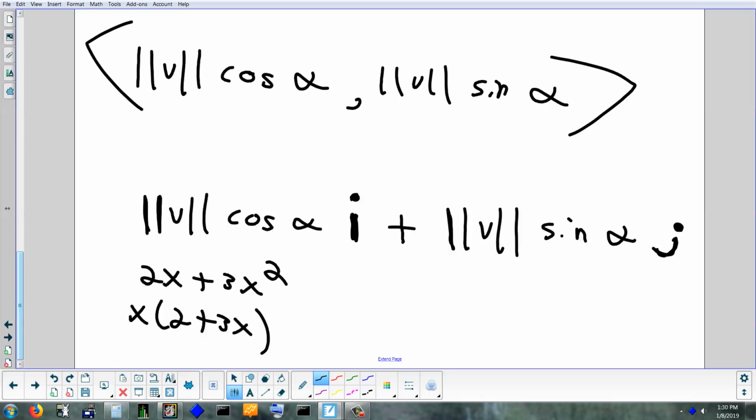We can do the same thing here. Does anybody see what I can factor out from both of them? Pat? Is it the magnitude? Yeah. You don't have to, but it just makes it so you only have to write it one time, and that's how your book does it.